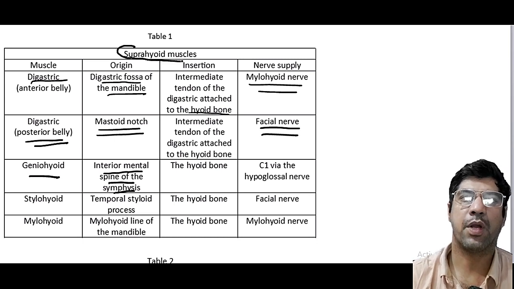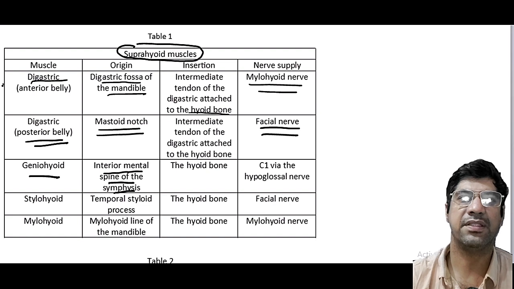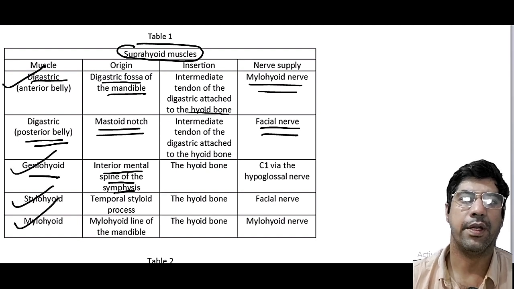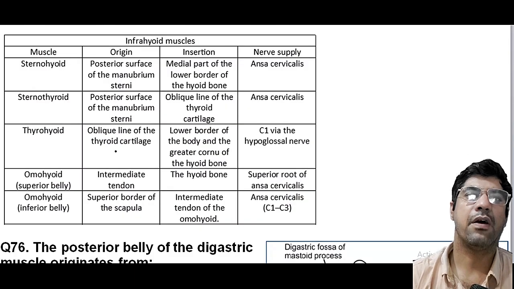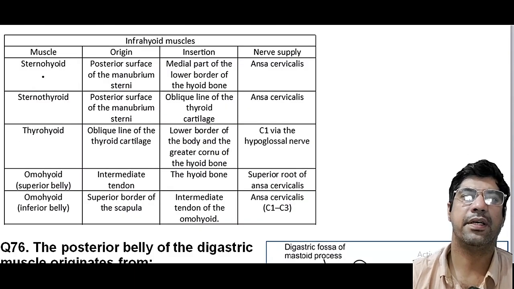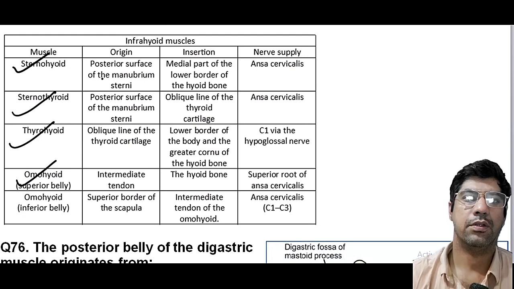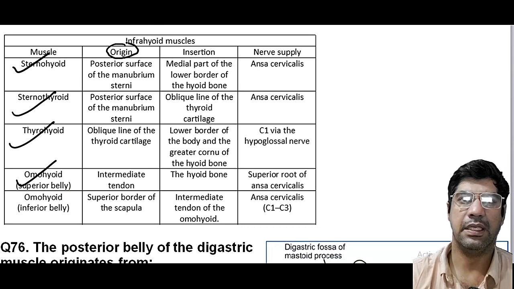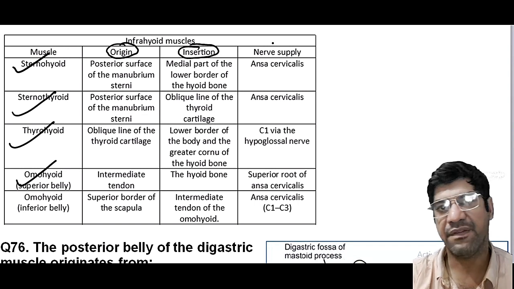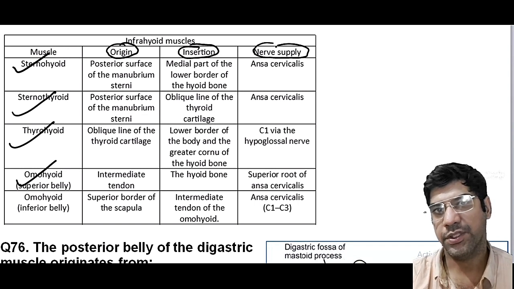So remember the suprahyoid muscles. Which are suprahyoid muscles? Digastric, geniohyoid, stylohyoid, mylohyoid. Whereas the infrahyoid muscles are the sternohyoid, sternothyroid, thyrohyoid, omohyoid. Many times the origin, insertion and nerve supply are the examiner's favorite questions.